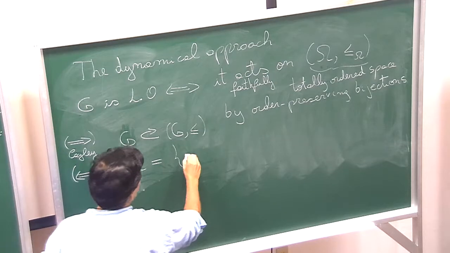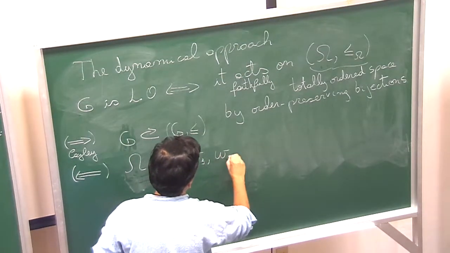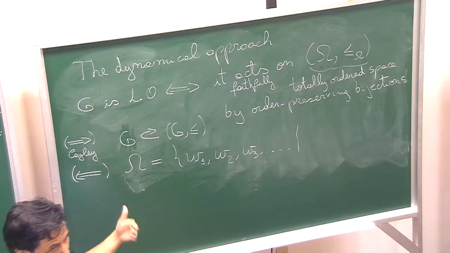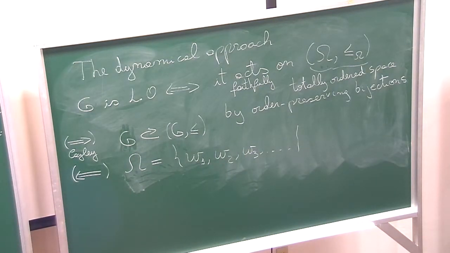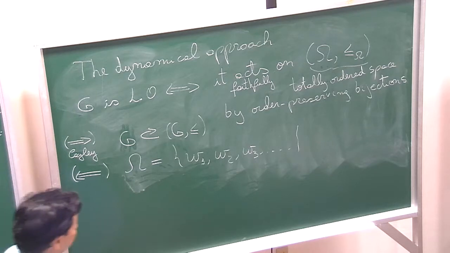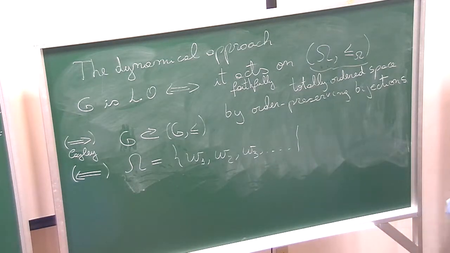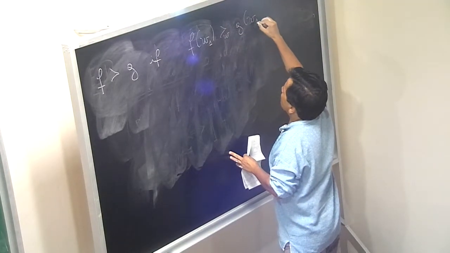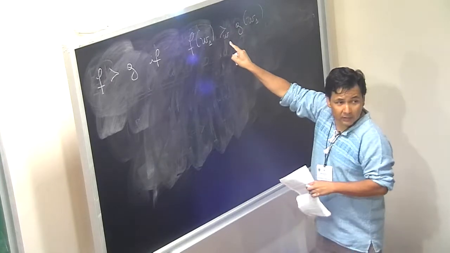So Gamma will be gamma 1, gamma 2, gamma 3, and you put a well order on this. Any cardinality for Omega. And you will define the order on the group. You will say that F is larger than G if F of omega 1 is larger than G of omega 1 with respect to the order on Omega.